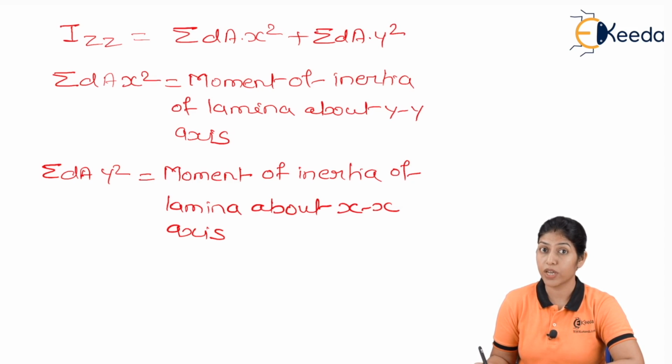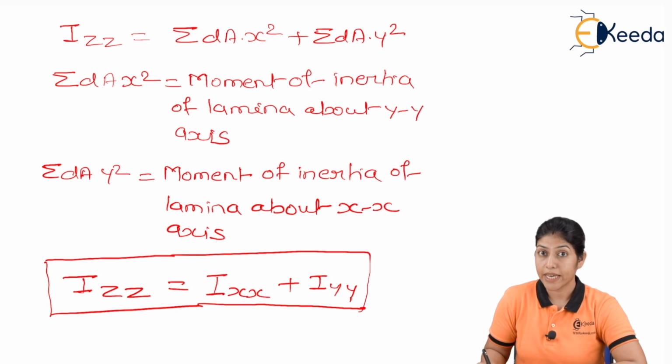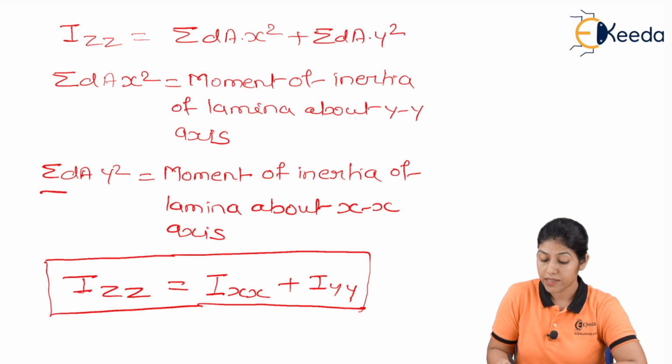So the final equation will be Izz equals Ixx plus Iyy. Here Ixx represents the summation of dA y square, and Iyy represents the summation of dA x square.